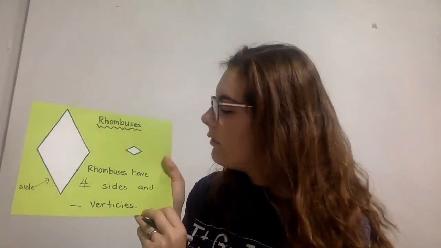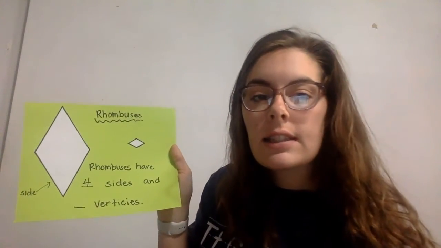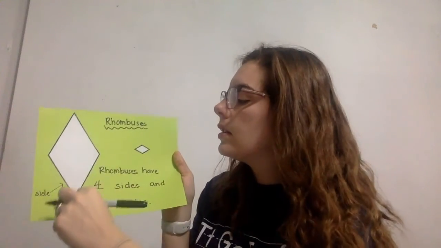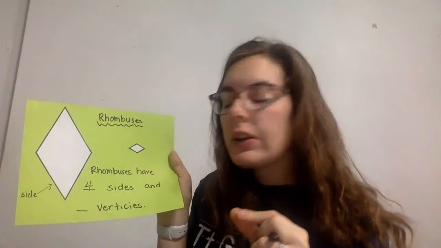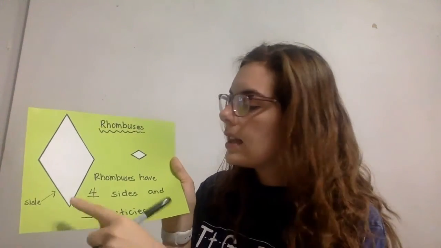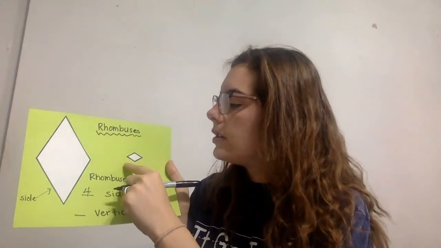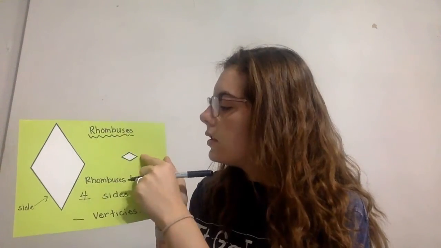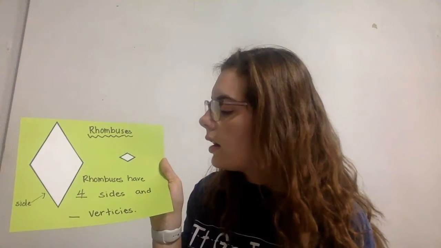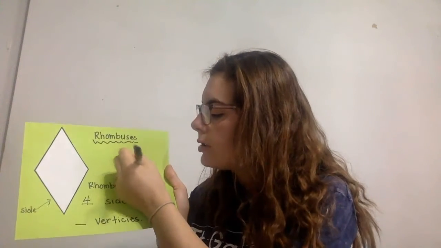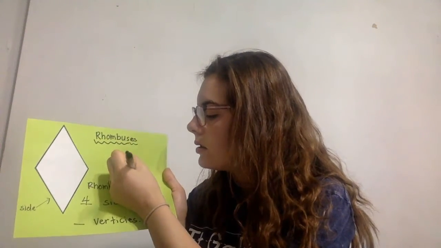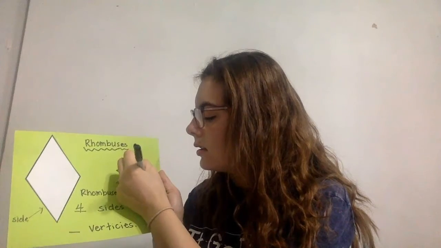Now we're going to talk about vertices. So remember, vertices are the little points where the sides meet together. Let's count. 1, 2, 3, 4. And count over here too. 1, 2, 3, 4. 4 and 4. And then I'm going to draw my arrows just because I like to label.